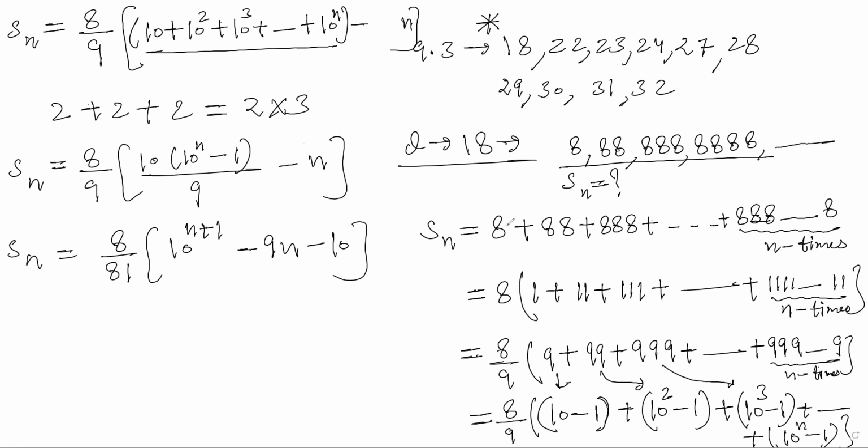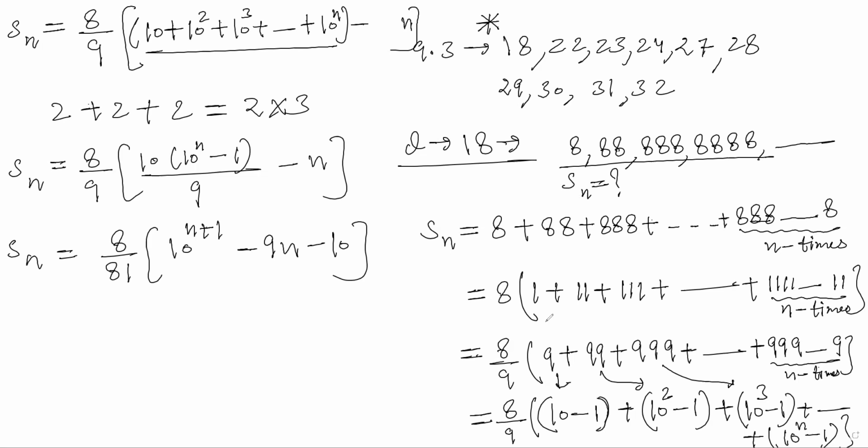Now, what happens if there was 7 plus 77 plus 777 plus 7777? तब क्या करता मैं? You take 7 as common. Yes, and then repeat the same procedure.